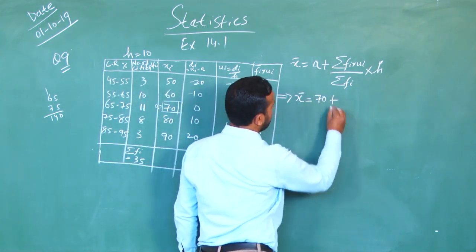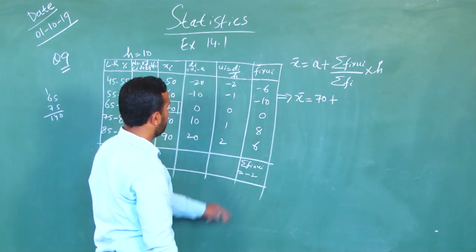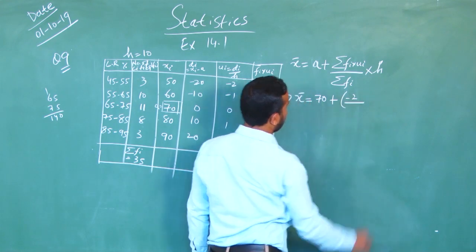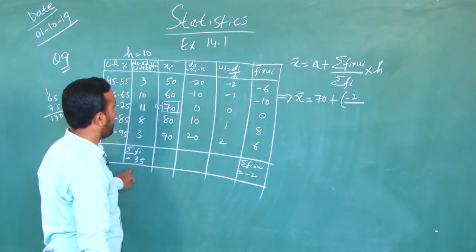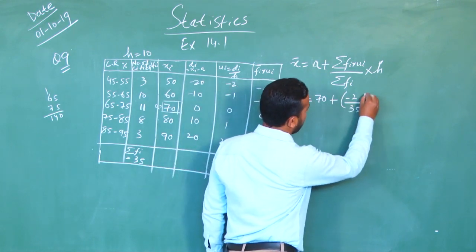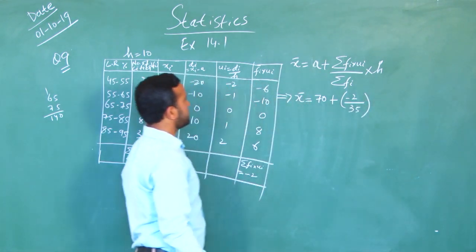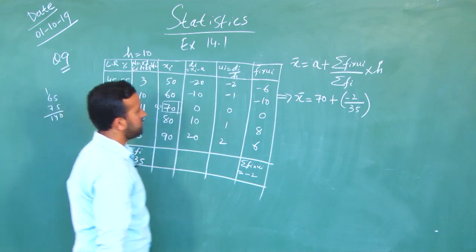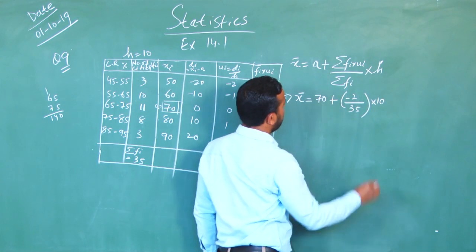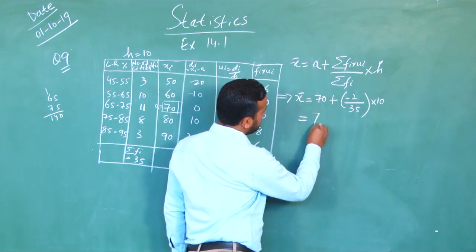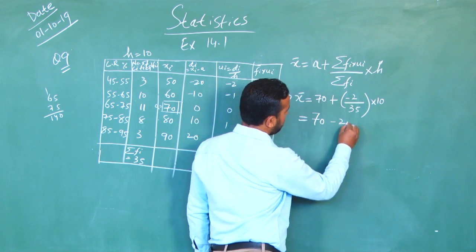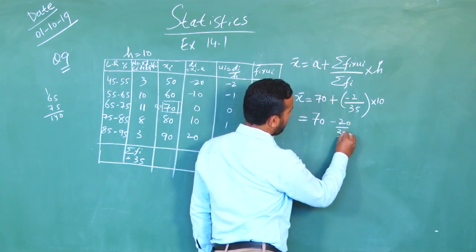So 70 plus summation fi ui, which is equal to minus 2, whole divided by summation fi, that is 35 from the table, and multiplied by h, the class size, which is 10. So multiplied by 10. That will further give us 70 minus 20 divided by 35.